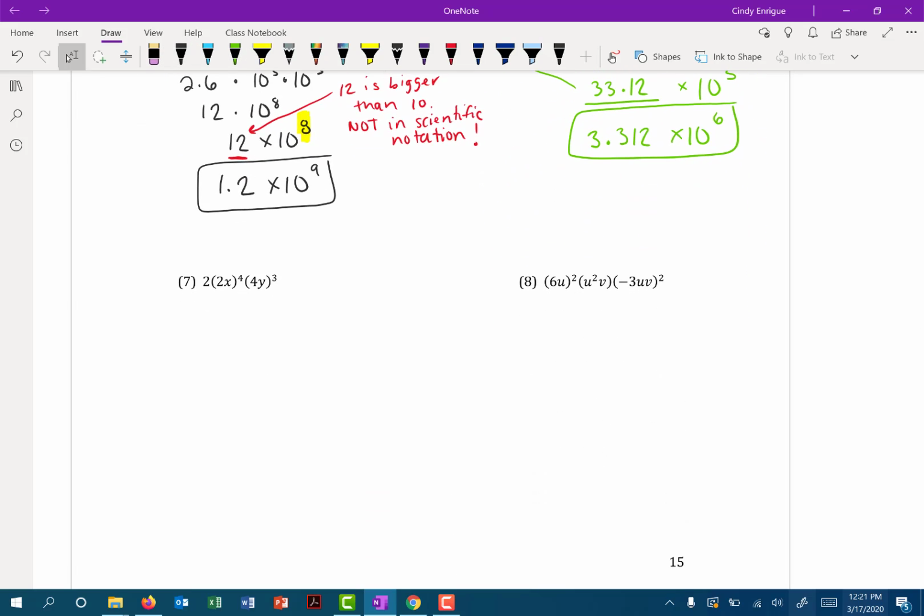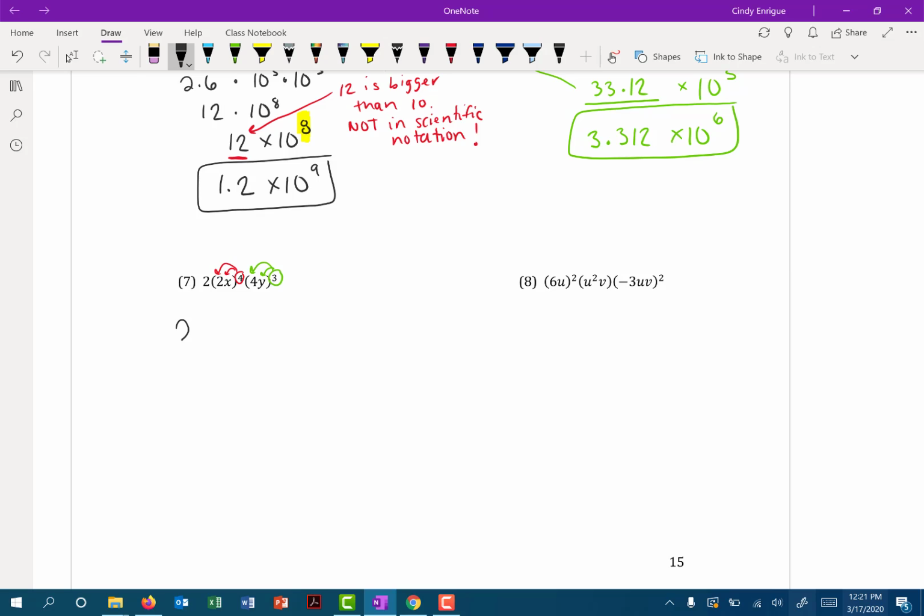So for number 7, I really want to think about what's happening here. I have this 4 that's getting multiplied inside those parentheses, and I also have this 3 that's being multiplied inside those parentheses as well.